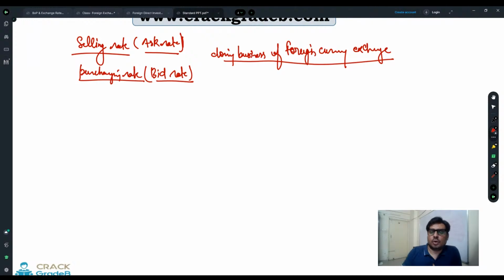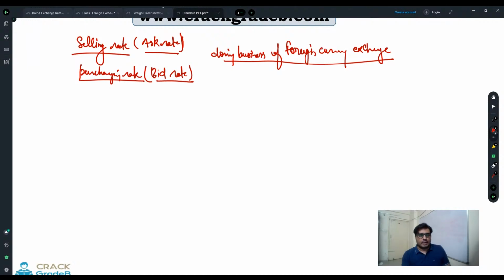RBI will say, you can do the trading, but not for the purpose of making profits. You can do this for the requirement purpose. But banks are also involved in selling and purchasing, and they work with the brokers.